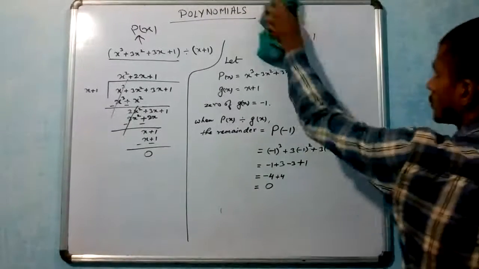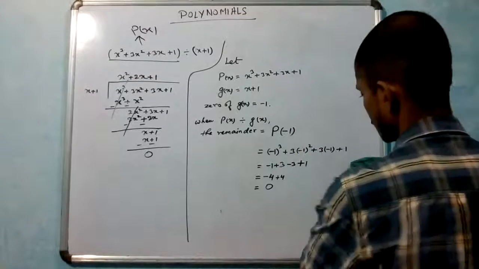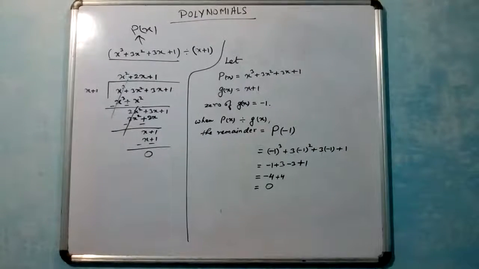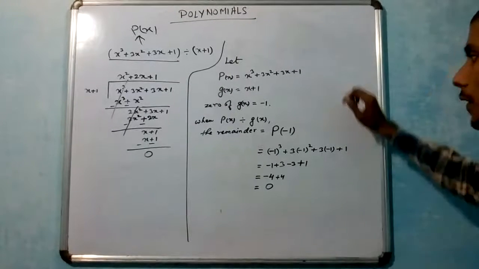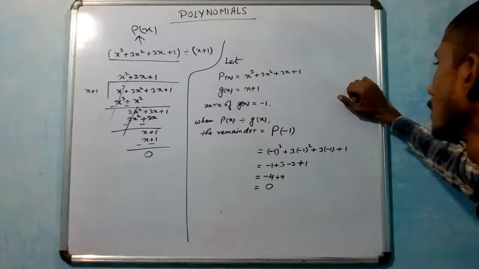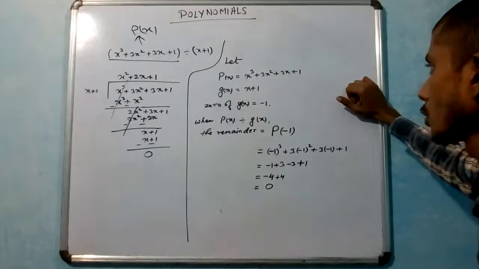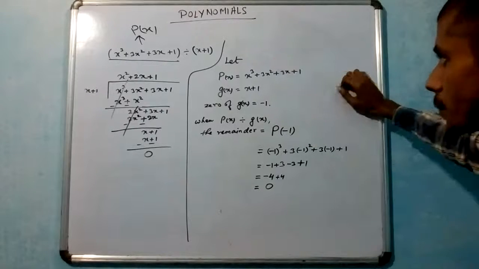Okay, now explain how. How to find the remainder without actual division? Come on, explain. What we did here, you explain to me.